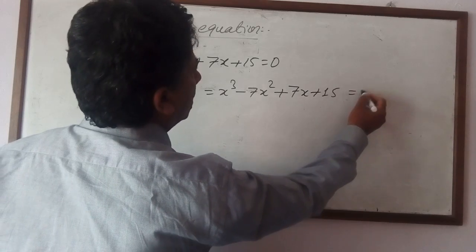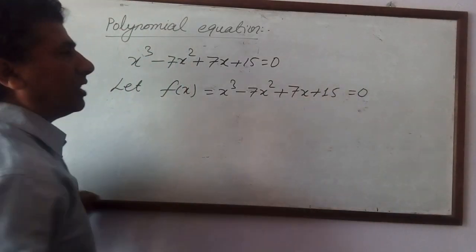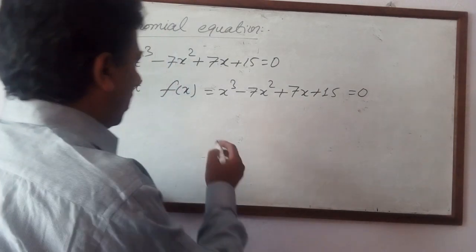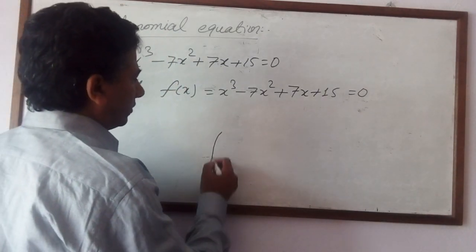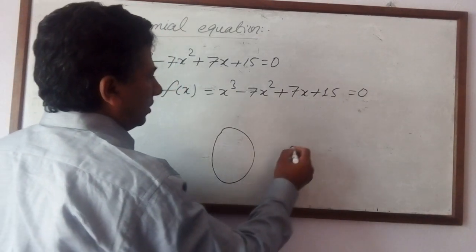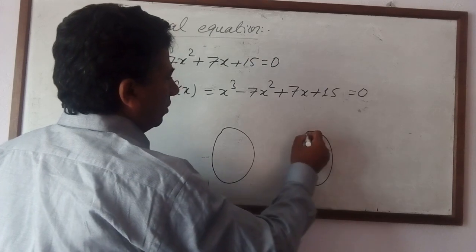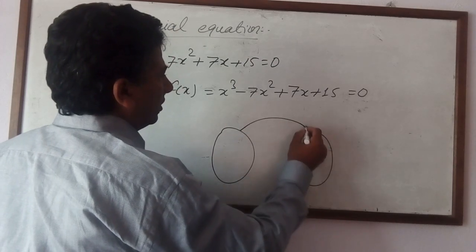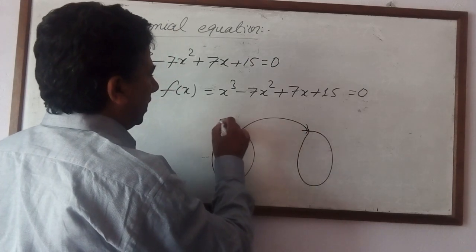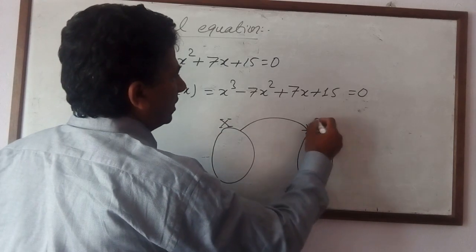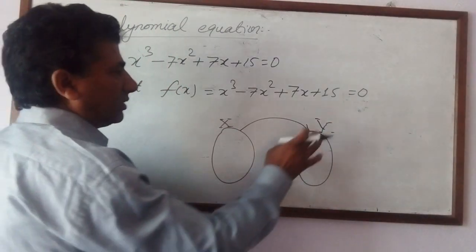Here 0 is given. First, you have to understand the meaning of this equation. There is a function defined from set X to set Y. Let's say this one is the domain, this one is the image.